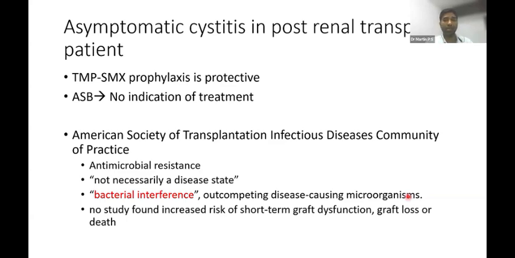Many centers think that the first month post-transplant is very critical, and if they find asymptomatic bacteriuria, they treat it in the first month post-transplant. But after the first month, it is very clear that asymptomatic bacteriuria does not require treatment. But we have to keep on looking at the cause. We have to do a detailed evaluation of the patient for the reason why it is persisting.